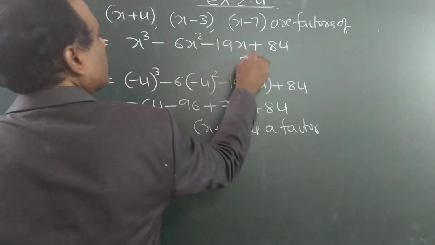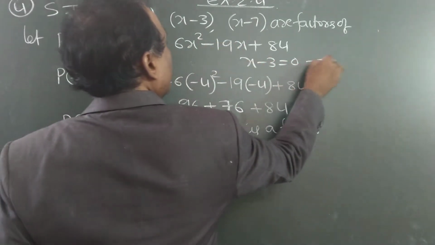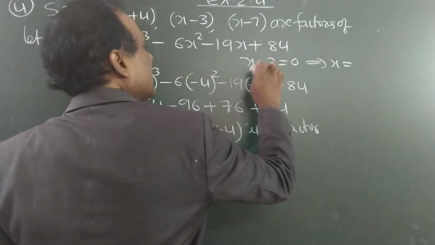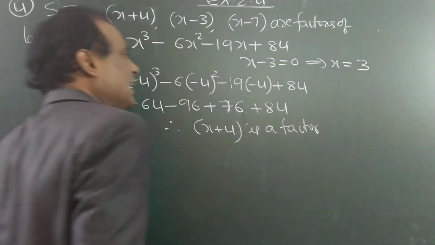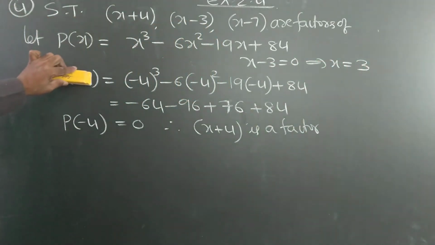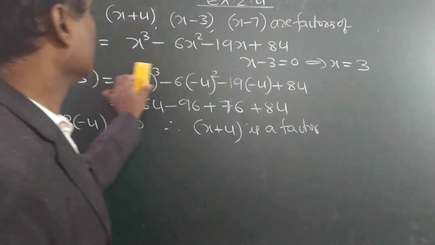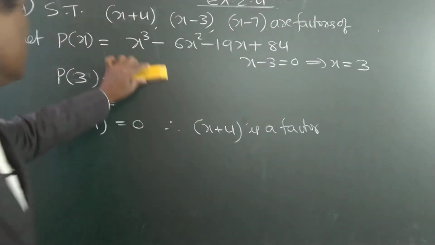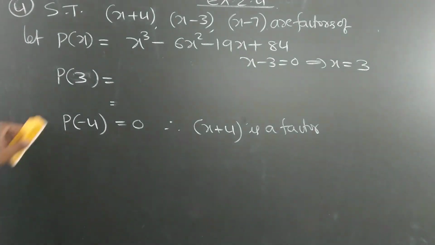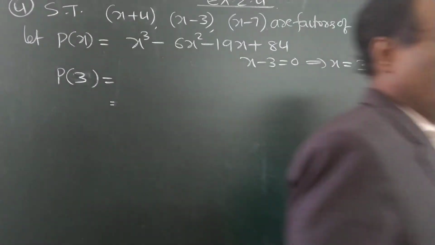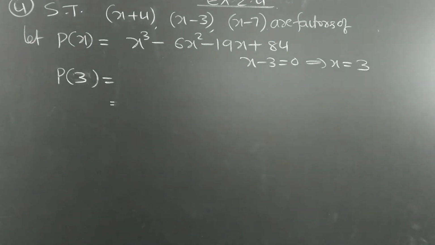How to prove that x minus 3 is a factor? We have to take x is equal to 3. Take p of 3. Find p of 3, it will also be 0.